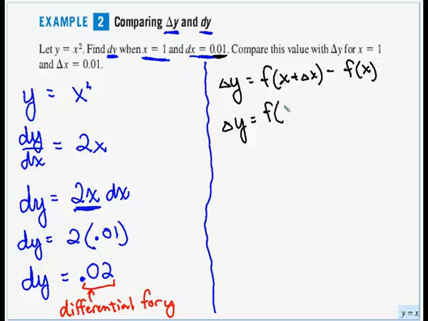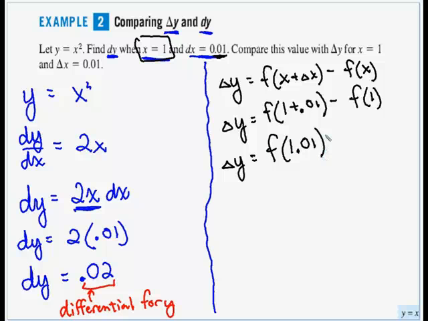So this is going to be f of 1 plus 0.01 minus f of 1. So delta y equals f of 1.01 minus f of 1.